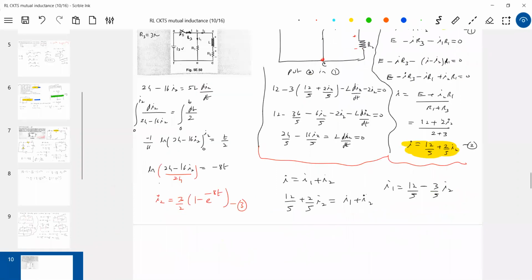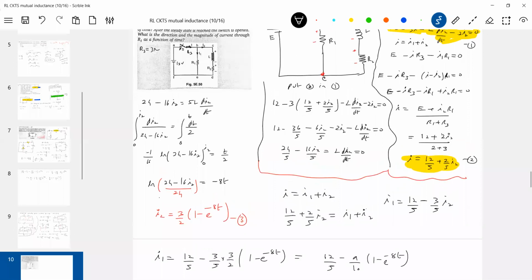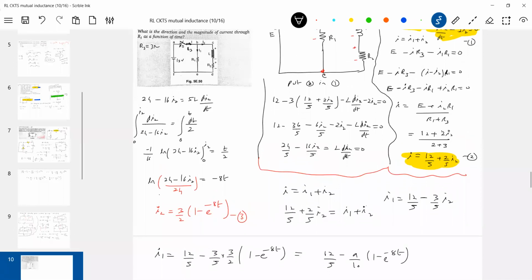This I1 will be 3 by 5, 3 by 2, so 9 by 10. Look at this current through that branch, will it be a constant? The answer is no.